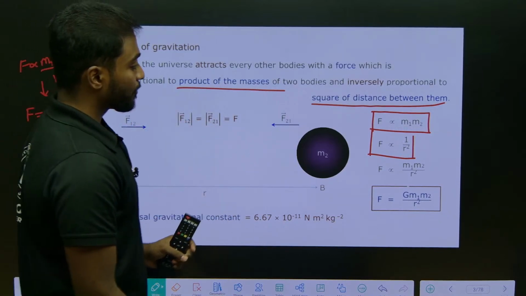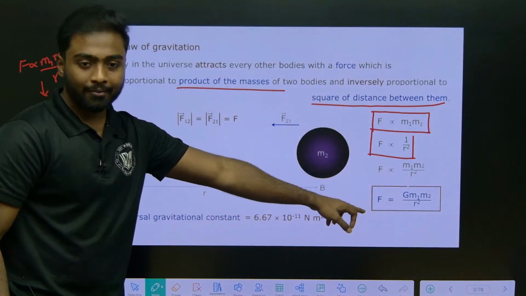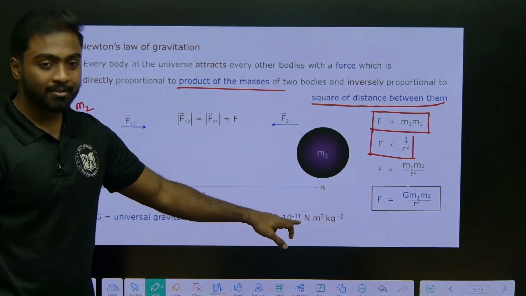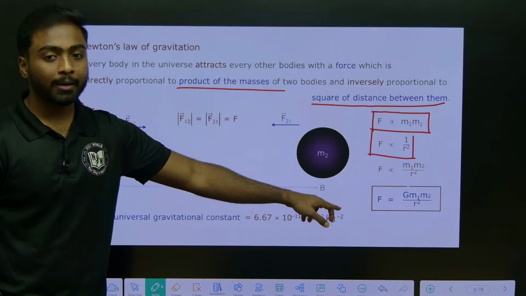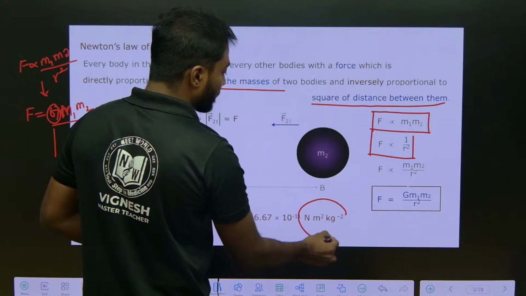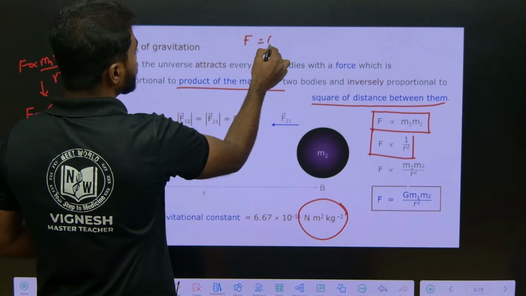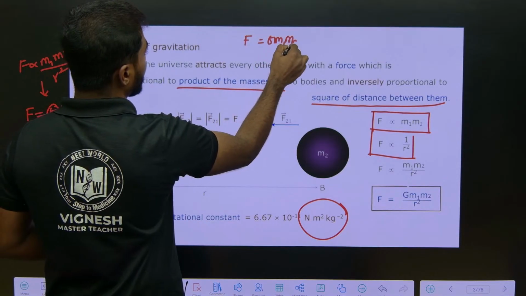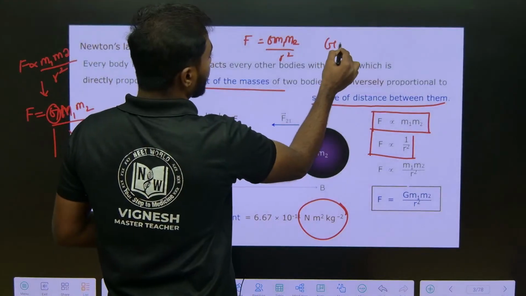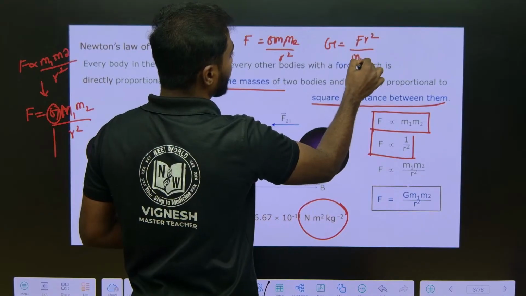So, F equals G m1 m2 by r square, where G is called the gravitational constant, which is 6.67 into 10 power minus 11 Newton meter square per kg square. How did we get that unit? Simple. When F equals G m1 m2 by r square, and I take only G on one side and the remaining terms on the other side, G equals F r square by m1 m2.